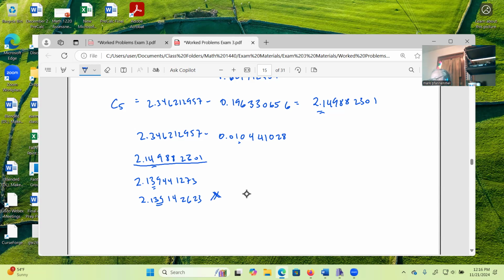Okay, so it says round off your answer to two decimal places. I would say, okay, let's look at this as 2.14. Call that an answer, and that would be our solution for this particular problem. Okay, again, you probably only have to go out about 4 decimal places for this thing to not have to worry about any round off error.